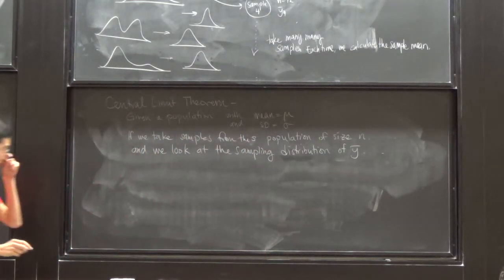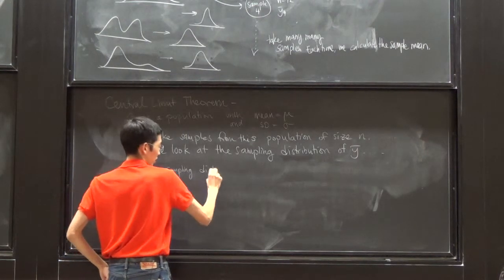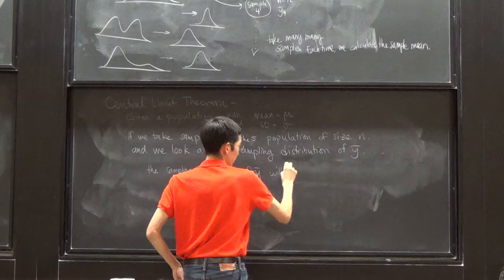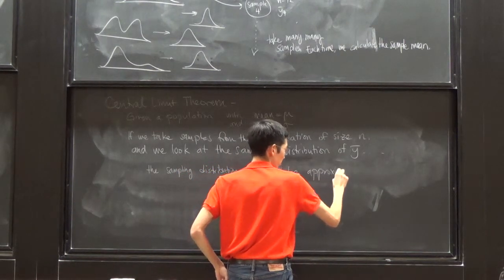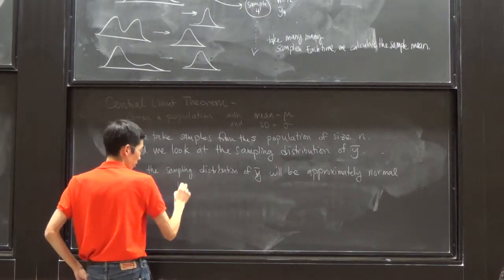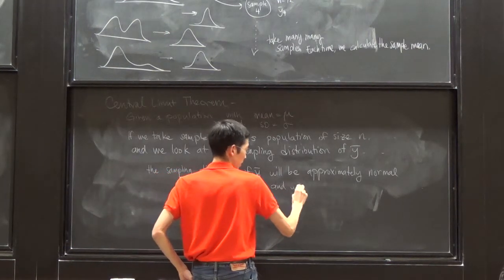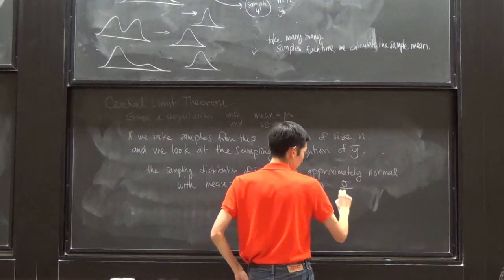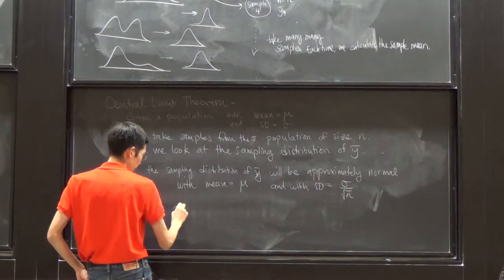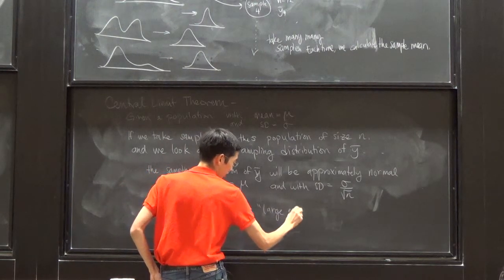What we will see is that the sampling distribution of y bar would be approximately normal with mean equal to mu and with standard deviation equal to sigma divided by the square root of n, as long as n is large enough.